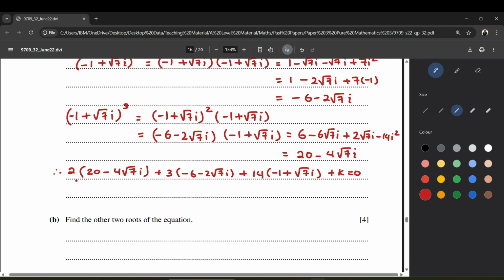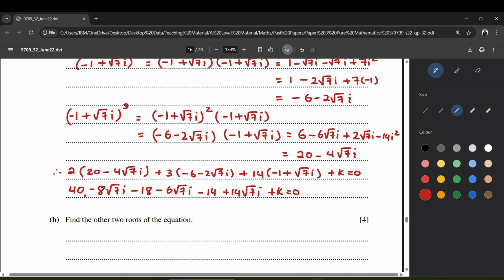All right. So 2 times 20, that will be 40, minus 8 root 7i. Then we have minus 18 minus 6 root 7i. Then we have minus 14. Then we have plus 14 root 7i plus k equals to 0. Okay, let me just double check.